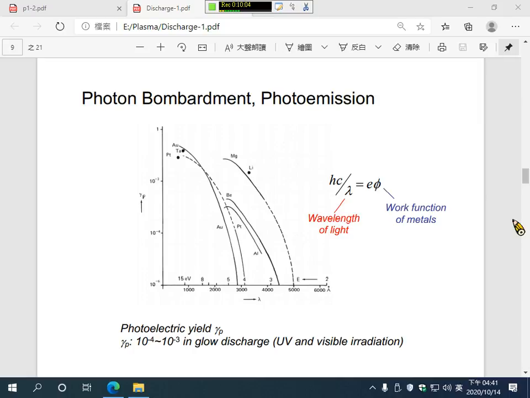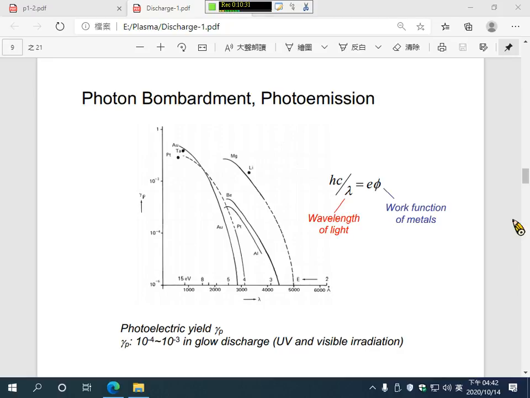Aluminum and lithium have low work function, and gold and platinum have high work function. So if you want to get photon emission, you must select light with certain wavelengths.